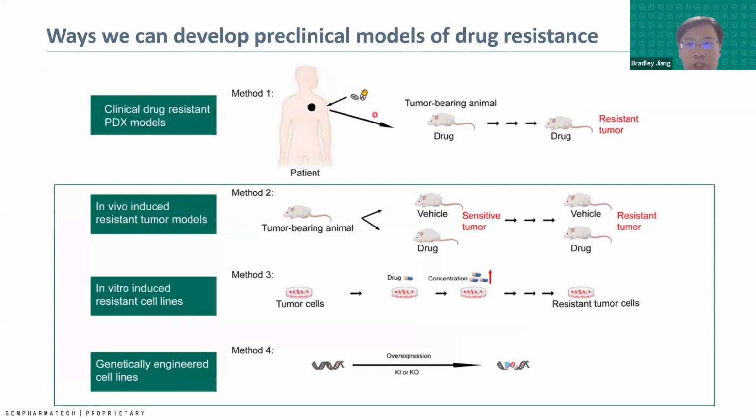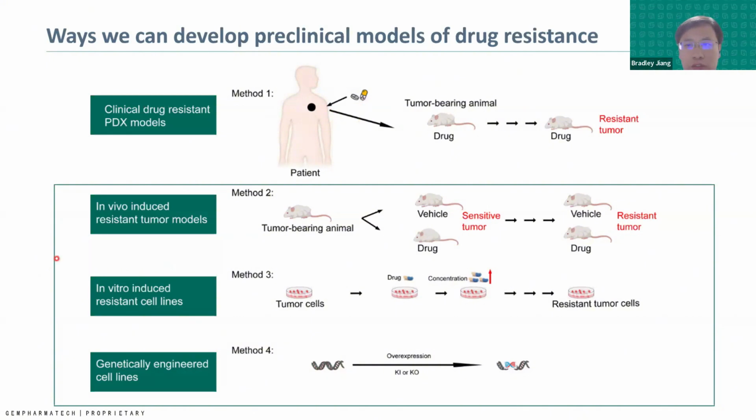There are commonly the following ways to establish drug resistance in preclinical models. The first way is to establish PDX from a drug-resistant patient. However, due to the difficulty of obtaining them and the scarcity of resources, it's more convenient to use mice to establish drug-resistant models.